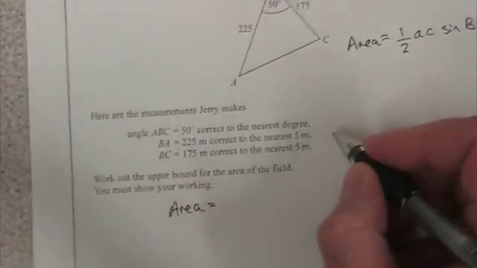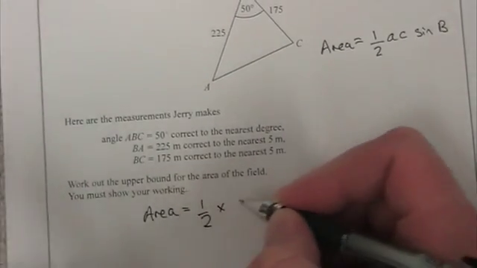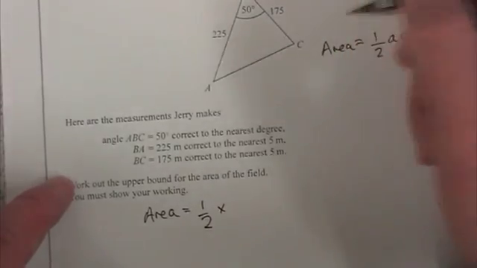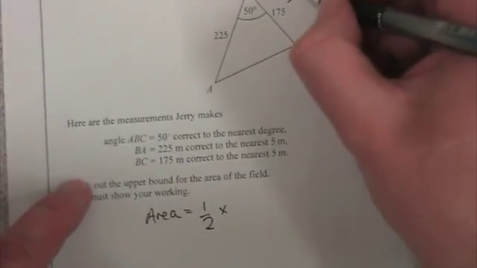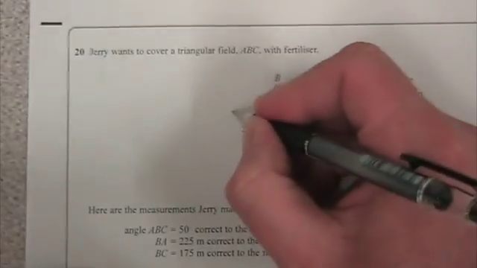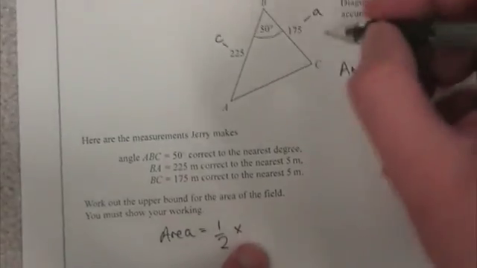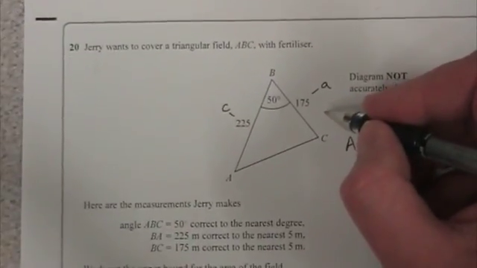Anyway, to find the area, we do a half AC sine B, so that's a half times by A, which would be this side here because it's opposite that side, and this would be C because it's opposite that side. Now, it says 175, but I want the upper bound.